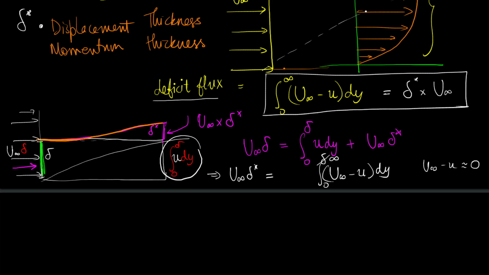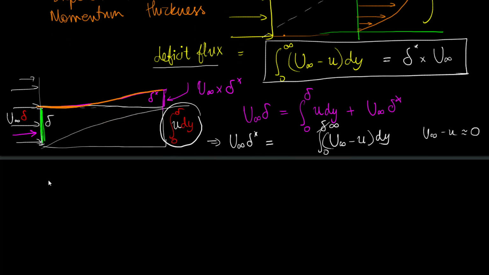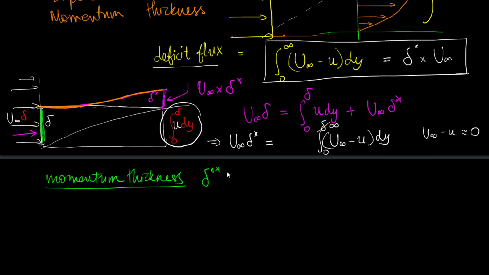Now, going by the same analogy, we have something called the momentum thickness. Sometimes they call it theta, sometimes they call it delta double star. I will call it delta double star. It doesn't matter what you call it.